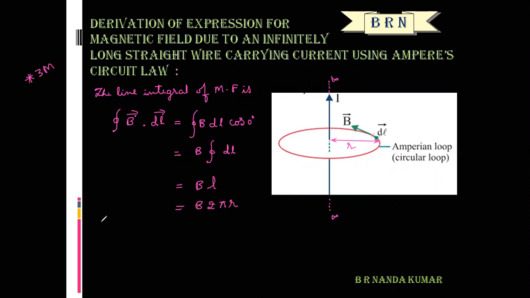So now, by using Ampere's circuital law, that is the integration of B vector dot dl vector is equal to mu naught I. So here the integration of B vector dot dl vector is B into 2 pi r.